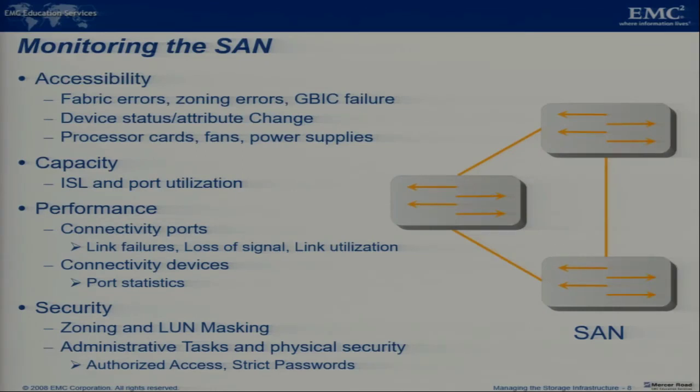Accessibility refers to monitoring the following things: errors in the fabric, errors in the zone, device status, attribute change, processor cards, fans, and power supplies.